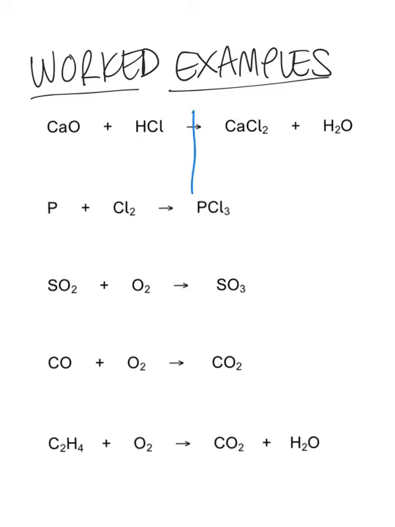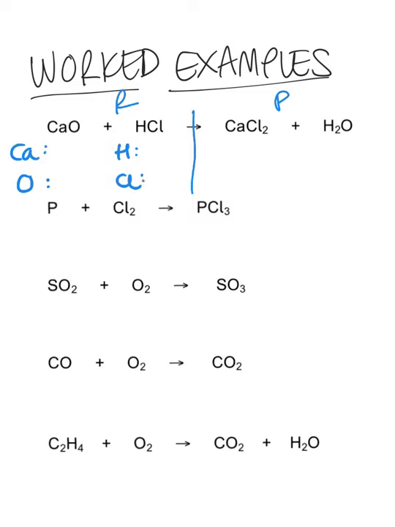That way you've split the equation into your reactants and your products. The next thing you do is list all of your elements out on either side. Because of the conservation of mass, every element must be on both sides of the equation. So we will have Ca, O, H and Cl.